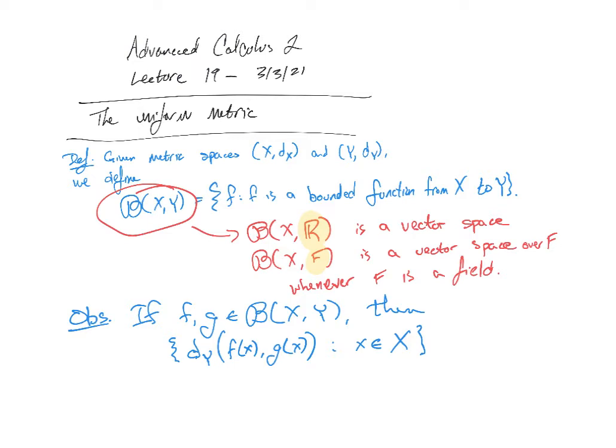Where is that set? What type of thing is in that set? Just so we're on the same page. A real number. Yeah. This is a bunch of distances. So it's a bunch of reals, right? In fact, it's non-negative reals.